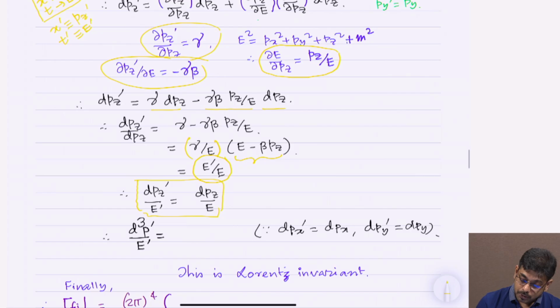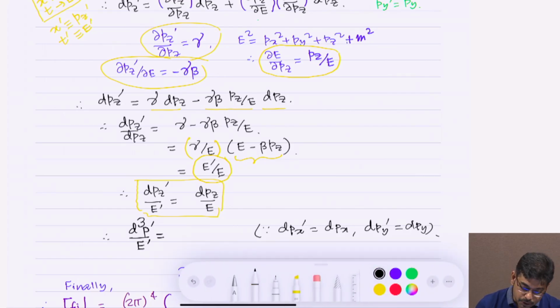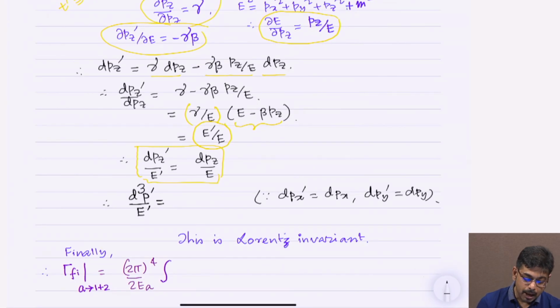So, this brings you to this very important conclusion that d cube p prime by E prime, which is essentially dpx prime, dpy prime, dpz prime by E prime, because dpx prime and dpy prime remain unchanged because the motion does not affect them.